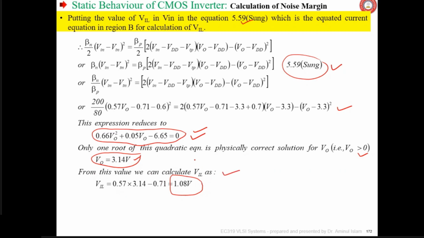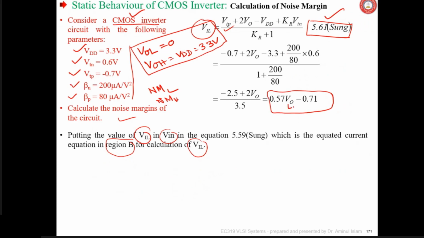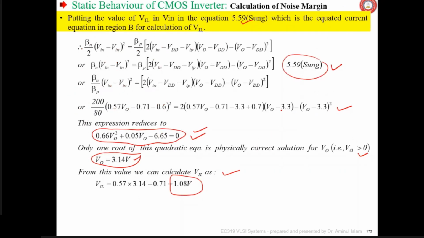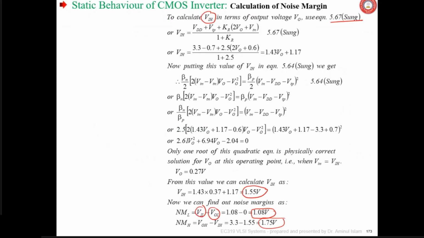From this value, we can calculate VIL, because previously we have seen VIL expressed in terms of VO. So putting this value of VO, we get VIL equals 1.08 volt. Understood? One value is obtained. Now, the second value we have to find out is VIH. To calculate VIH in terms of output voltage VO, we use equation 5.67.